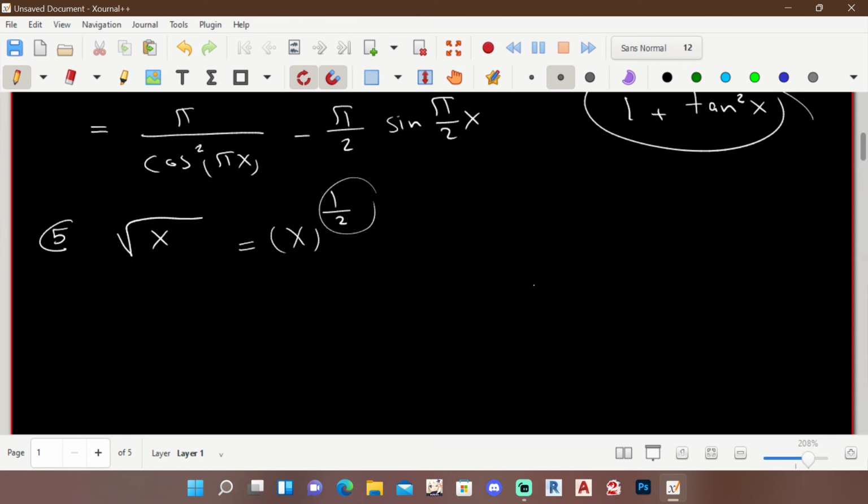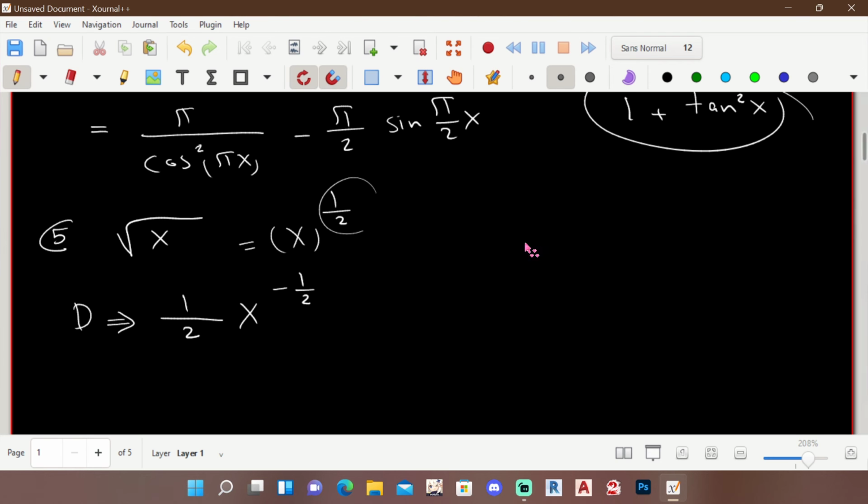So we've got a number here, and we know how to do the derivative of x to the power of some number. Anyway, so we've got this, and we need the derivative. We just take the half and then x, and then we subtract 1 from the half, so it's going to be minus half.